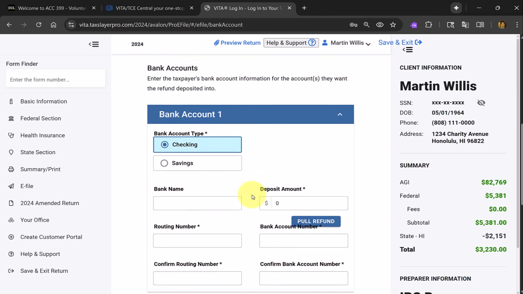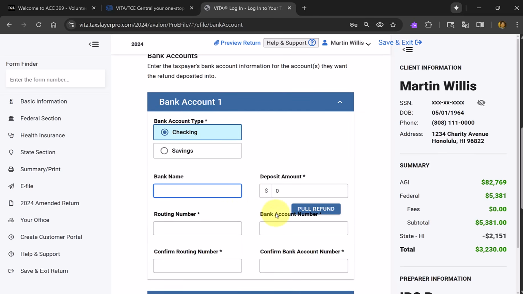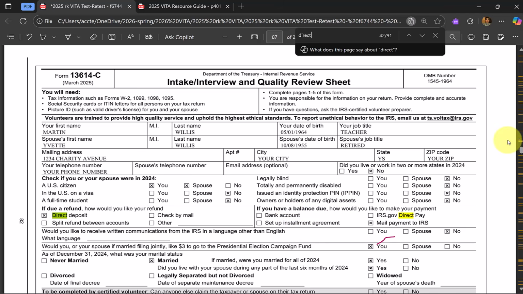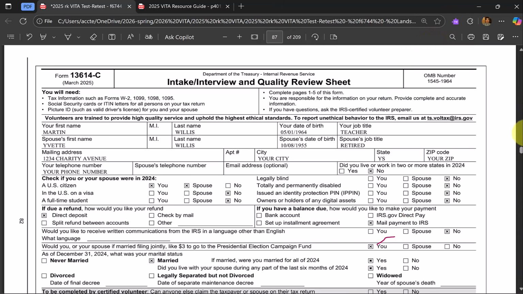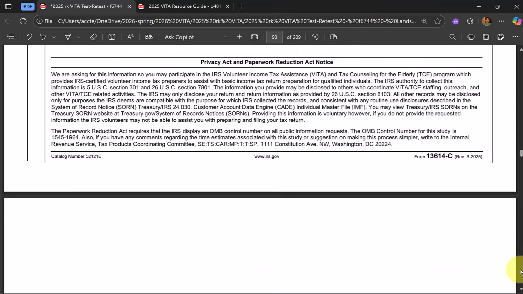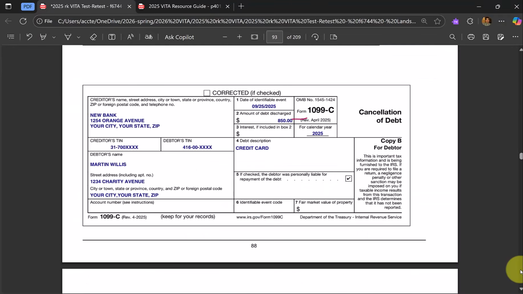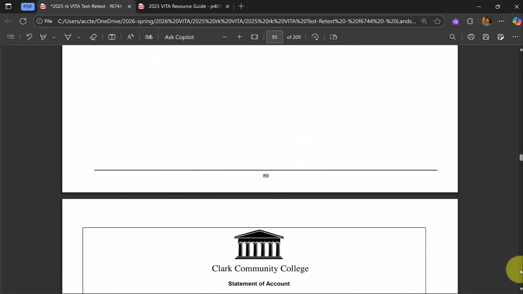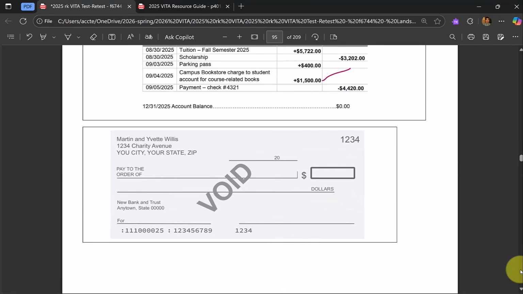It's a checking account. Now, what was the name of the bank that's on the check? That's the last document given to us. New Bank and Trust.